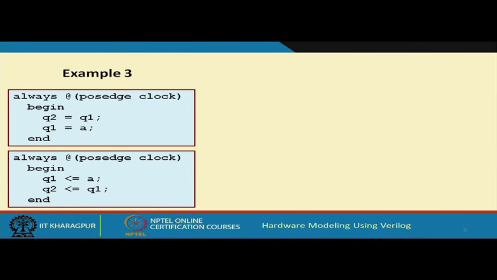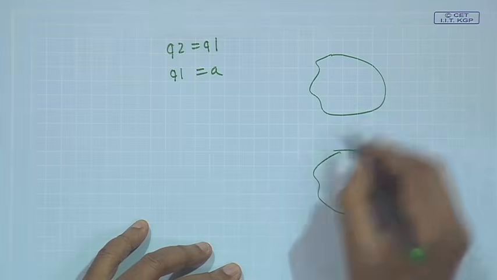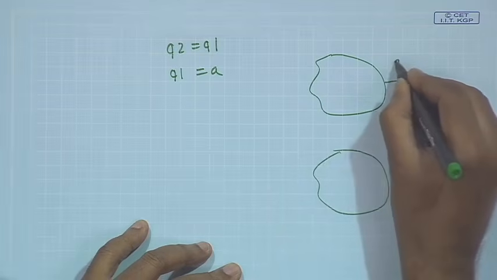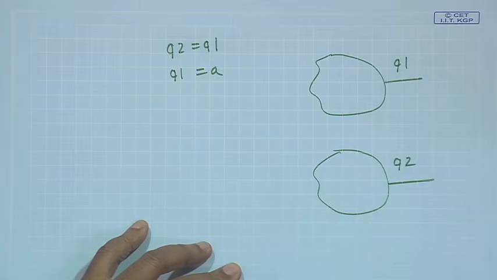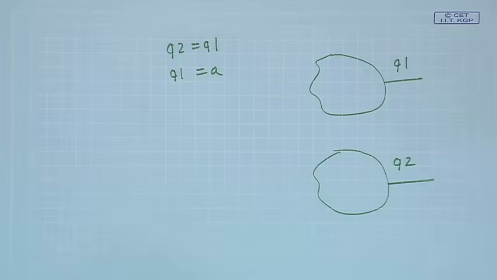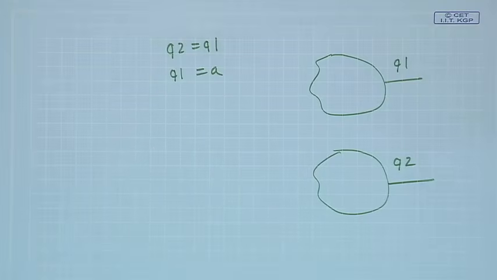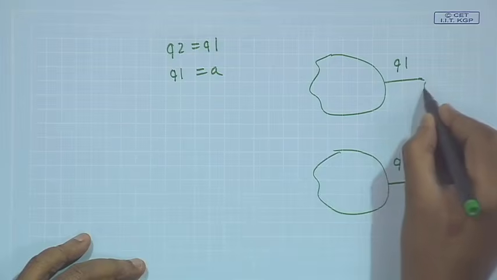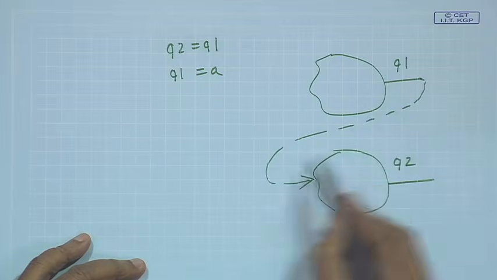What does this mean? You see, you can imagine there will be two flip flops. Q1 will be the output of one of the flip flops, Q2 will be the output of the other flip flop. First one you are saying that Q1 will be going to Q2, which means this Q1 has to be connected to the input of this, Q1 will have to go to Q2.